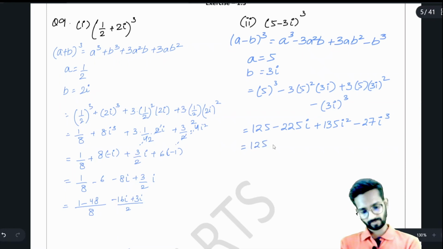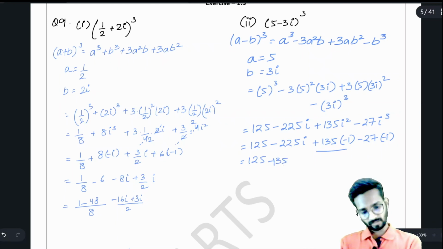You can write here 125 minus 225i. Then i square we can write as plus 135 negative 1, minus 27. I cube can be written as negative I. Then 125 minus 135 we can write here because these are like terms.